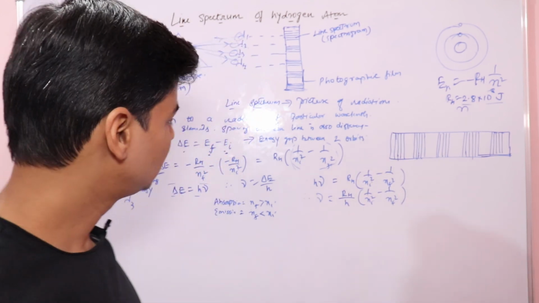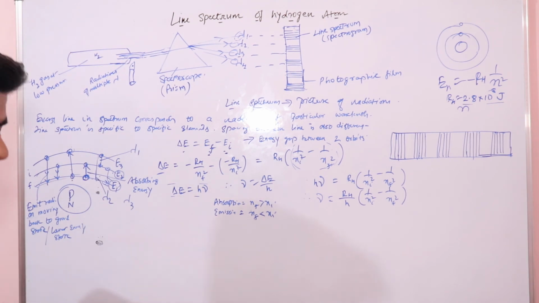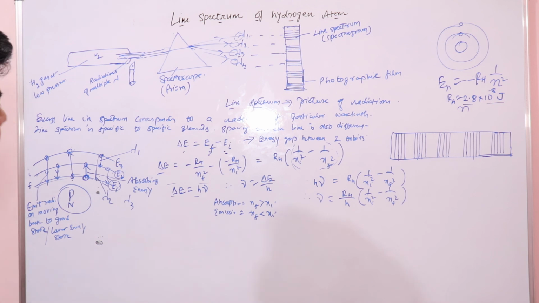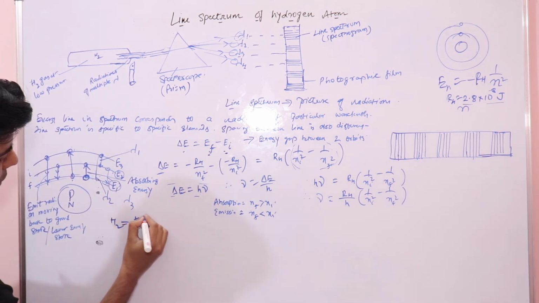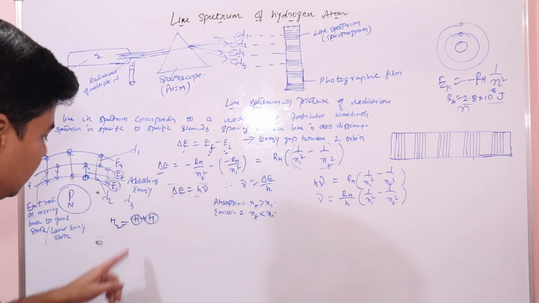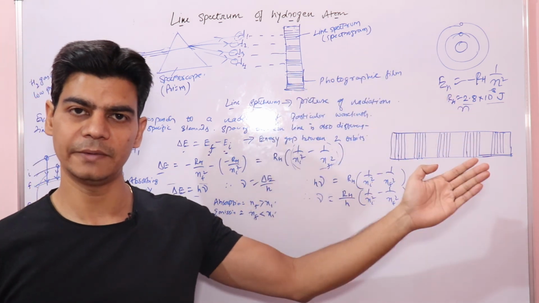What is the reason? The reason is this sample of hydrogen contains many hydrogen molecules, right? So when this is excited, this hydrogen gas will break into hydrogen atoms, and these hydrogen atoms will absorb energy, and due to the absorbed energy, the electrons will move to different energy levels, right?